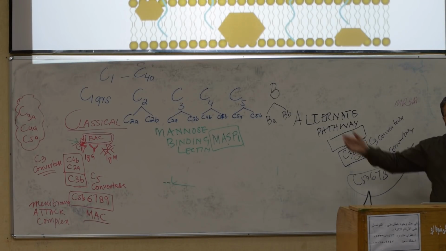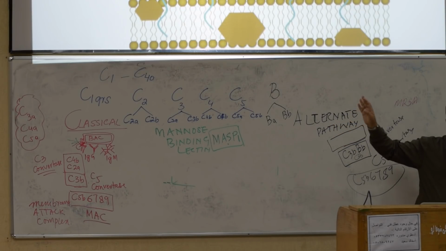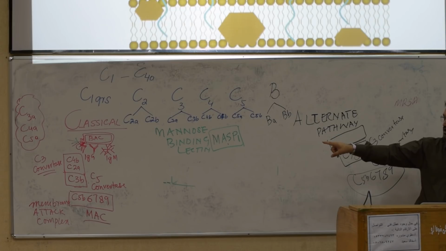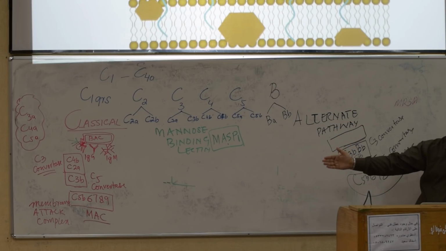Now I'll explain once again the initiation. The classical pathway is initiated by antigen-antibody complexes. Which antibodies? IgM and IgG. The first thing that happens is C1 is activated. That C1 will then activate C4 and C2, which make C3 convertase, then C5 convertase, and finally C5b, 6, 7, 8 and 9, and MAC formation will occur.